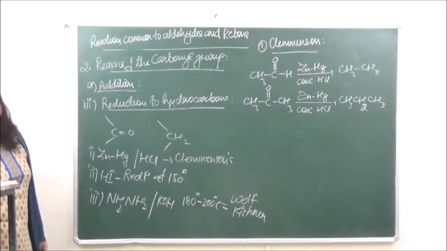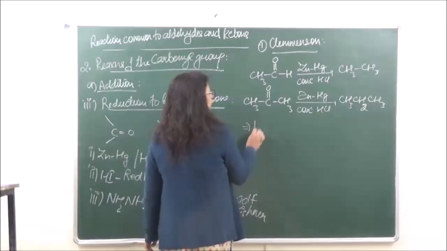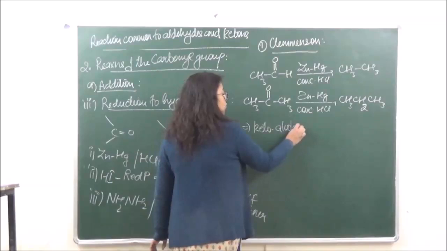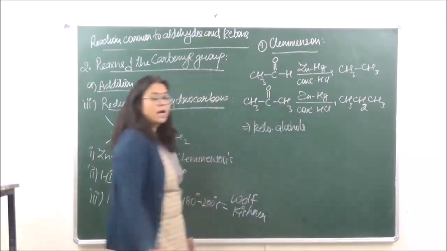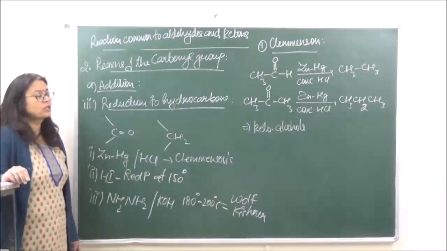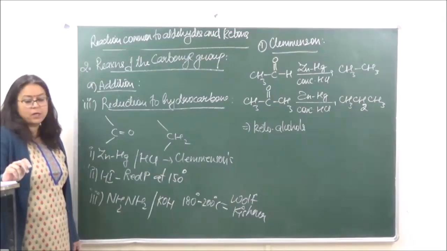Okay. Now remember that Clemmensen reduction is not applicable to keto alcohols. Keto alcohols means those compounds in which both keto and OH groups are attached. So Clemmensen reduction is not applicable to those.